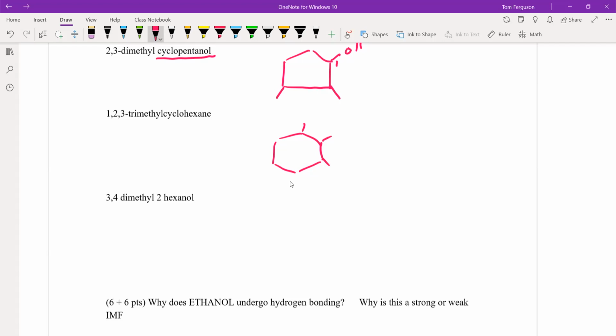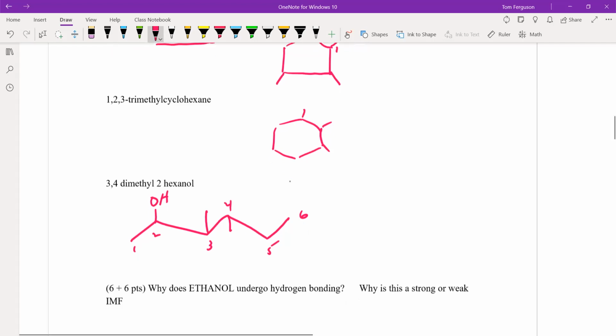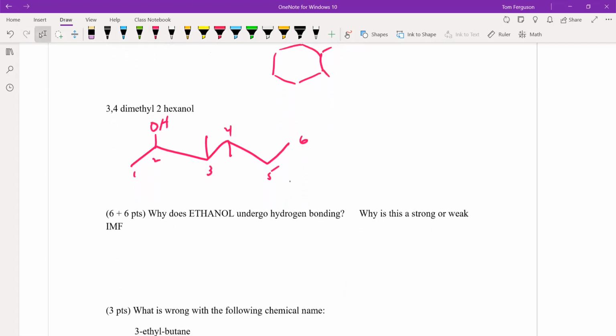And here's hexanol, 6 carbon alcohol. Carbon number 2 has the OH group. Carbons 3 and more have methyl groups. So that's naming.